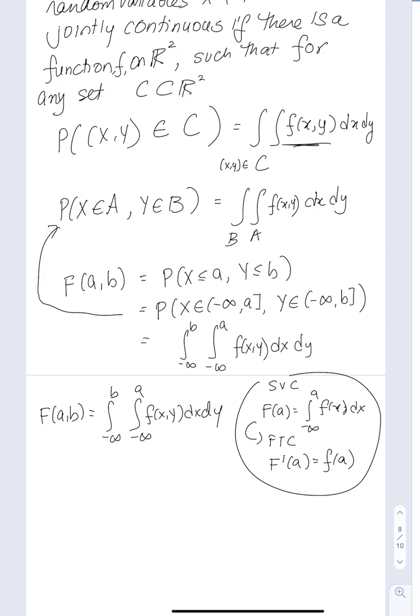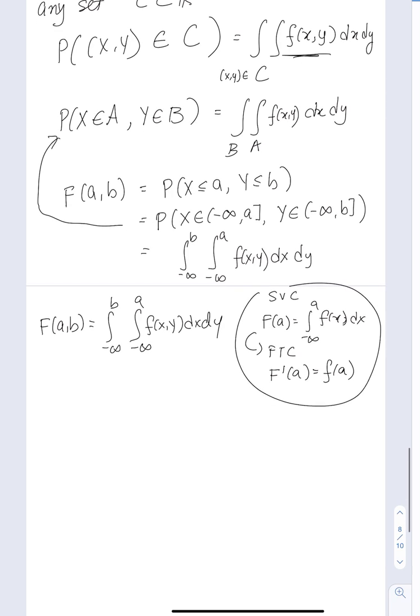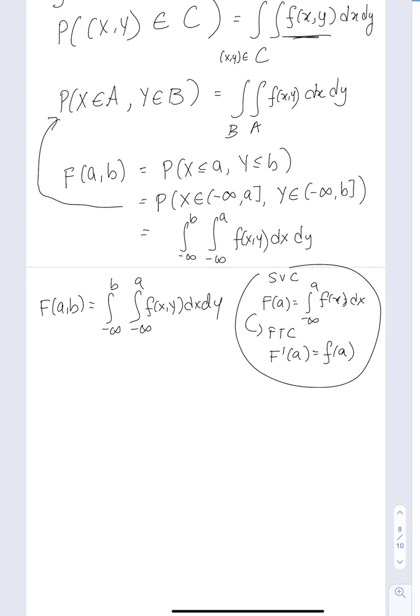For all nice functions, you know that you can do the integral in either order. In some situations, you cannot find the integral of f of x, y in one order, and you'll have to switch the order, exactly many of the kinds of things you had seen when you were doing integrals in Calc 3.